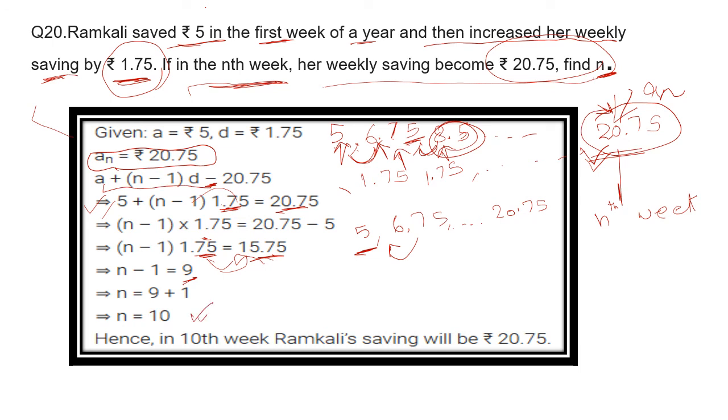Then n will be equal to 10. That is, in the 10th week Ramkali's savings will be equal to 20.75. I hope this formula for finding out the nth term is clear to you now.